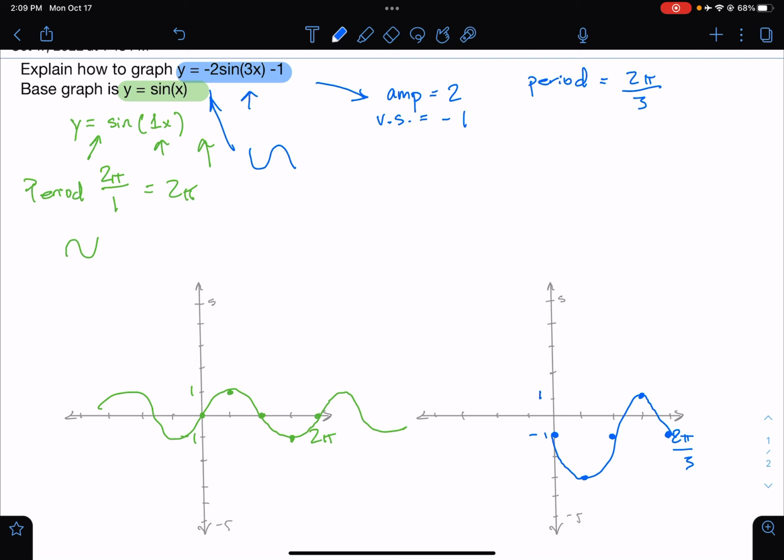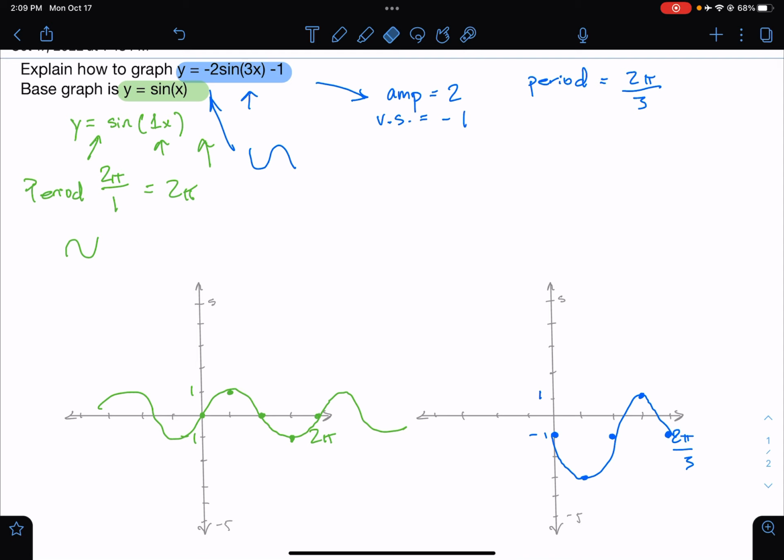And then it essentially just keeps going. Well, it doesn't look super proportional. Here, let's go back.